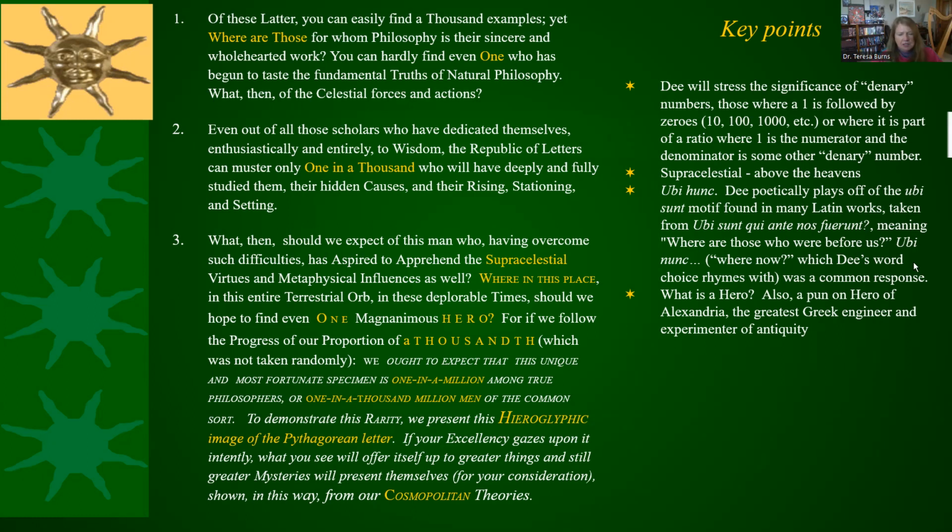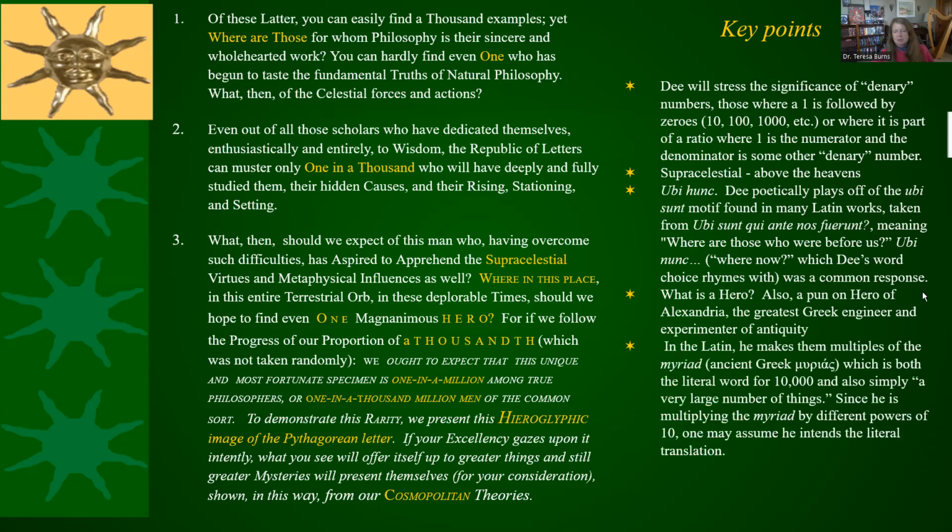So, continuing on, for if we follow the progress of our proportion of 1,000, which was not taken randomly, we ought to expect that this unique and most fortunate specimen is 1 in a million among true philosophers, or 1 in 1,000 million men. All right, the actual way that this appears is he's making things multiples of the myriad. How is he doing that?